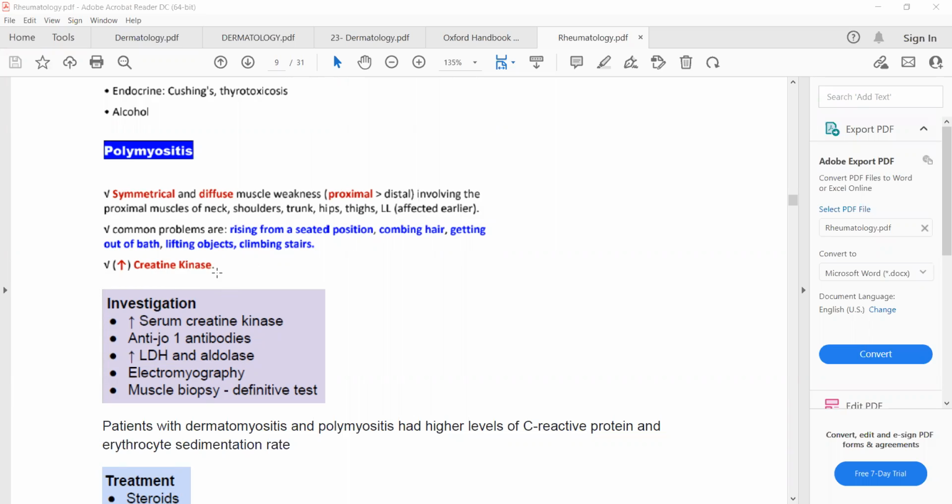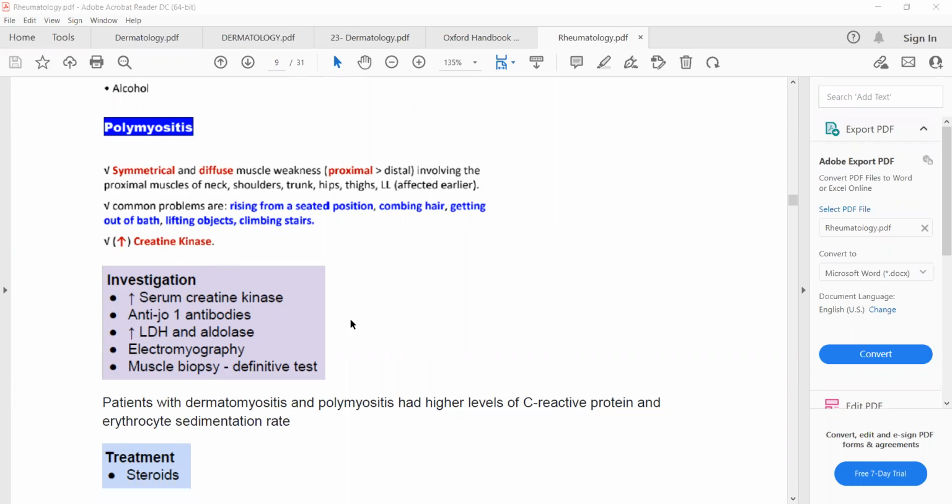So on initial investigation, there is increased creatine kinase. The other investigations include anti-Jo1 antibodies, LDH and aldolase. Electromyography is also done, and muscle biopsy is the definitive test.